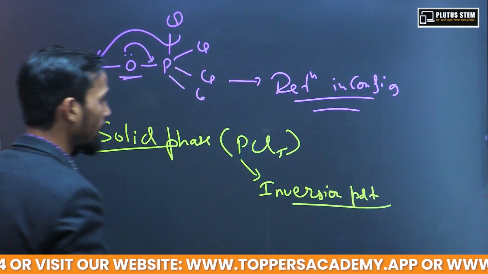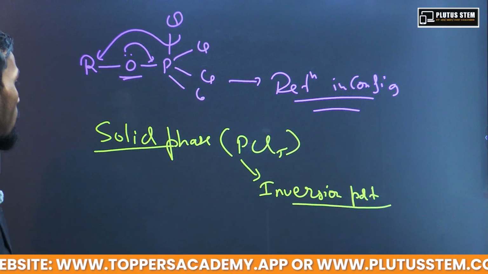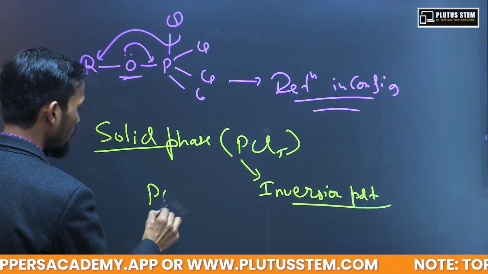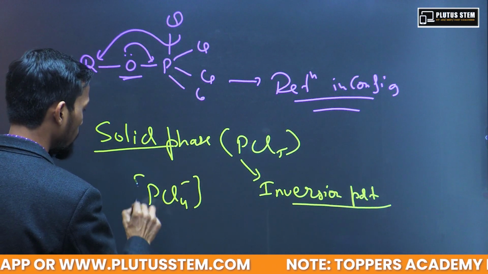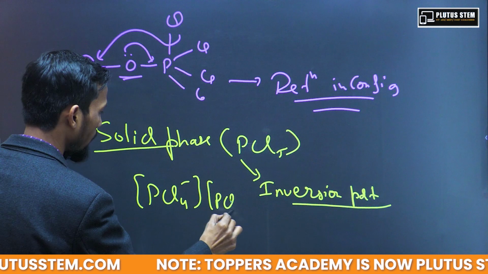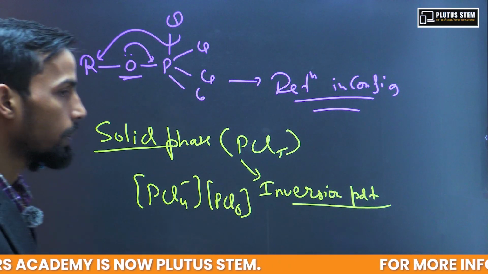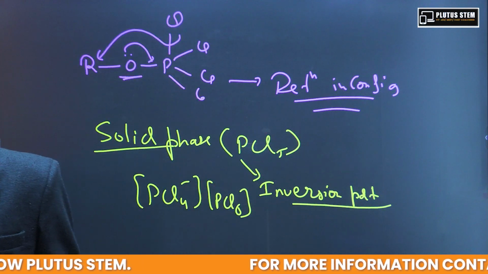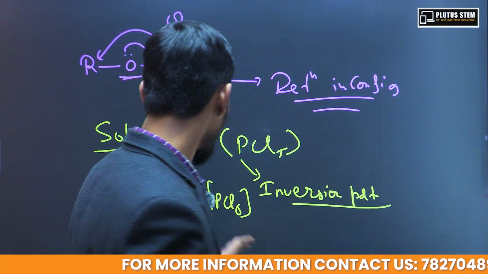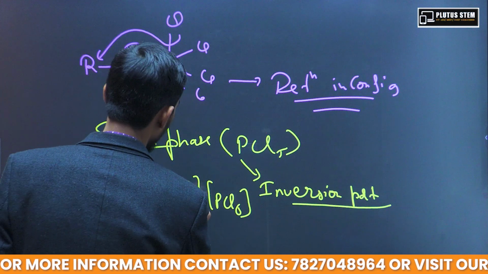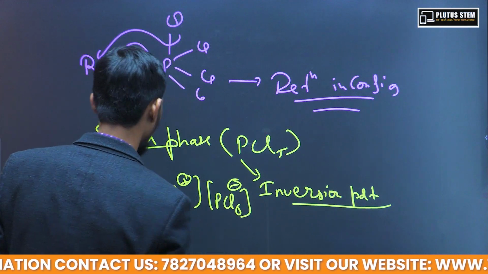We are going to get an inversion product, because PCl5 exists as PCl4 positive and PCl6 negative.